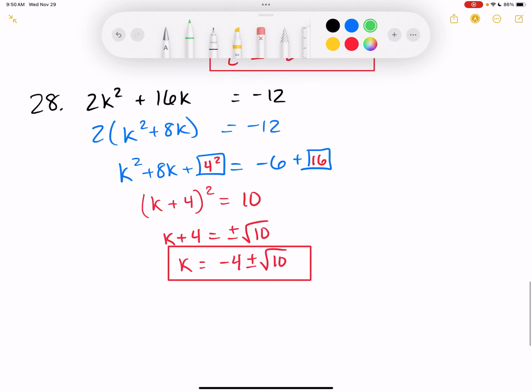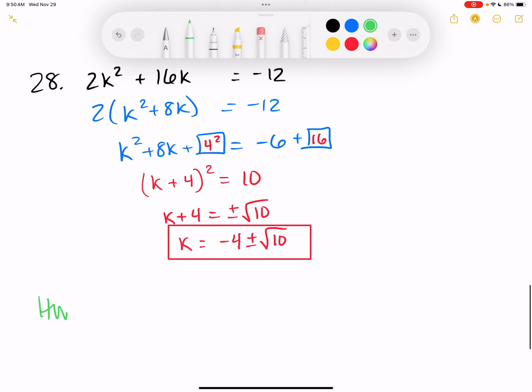So, the problems are 5, 15, 19, 23, 25, and 29. 29 is going to require you to take something out like you did in 28 to be able to do that.